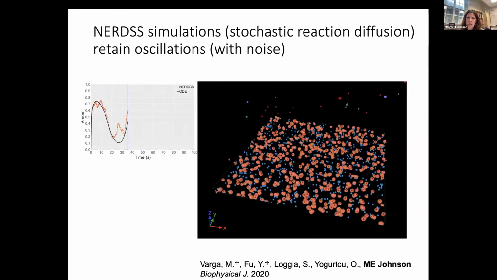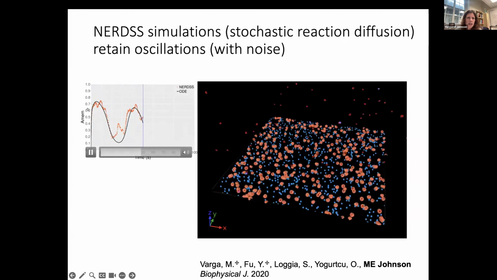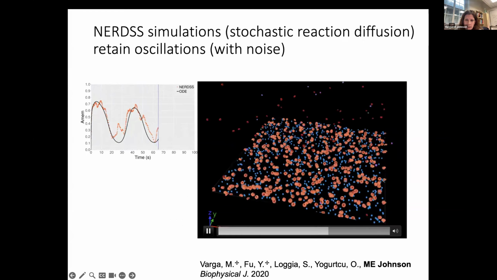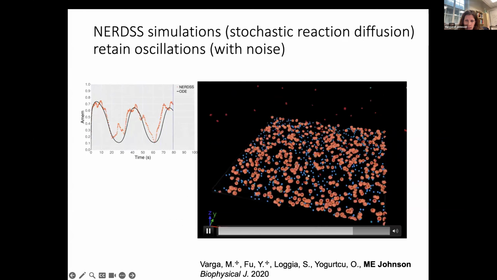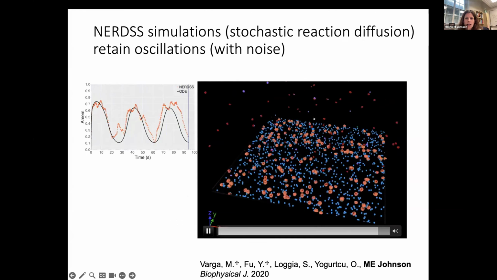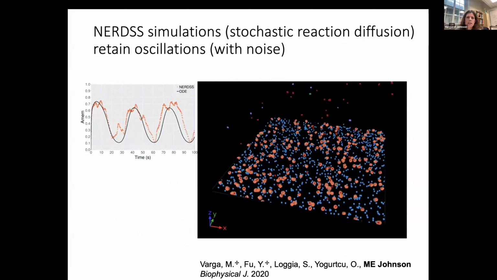And so here I'm showing the spatial model where you can see that the orange guys go onto the membrane and then they go off the membrane as you dephosphorylate these lipids. And so we can recapitulate all of these dynamics in this spatial model. It's noisier, but it's still able to reproduce the trend. And so this is something my student Jonathan has been working on for a long time, and we're also hoping to submit this in the next few months.